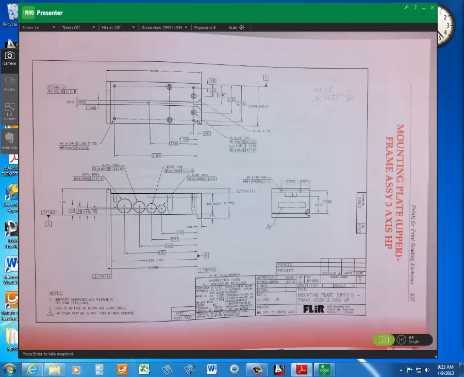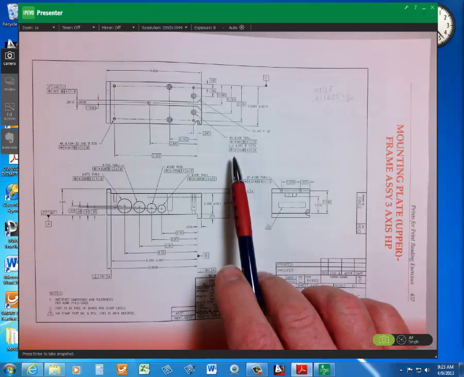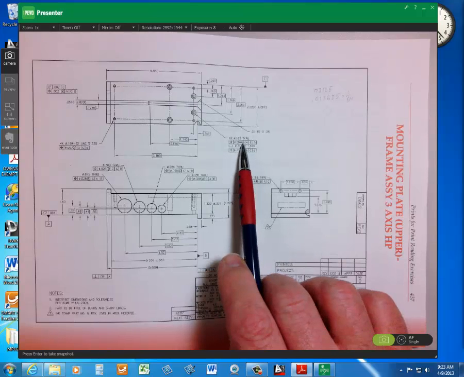It's not a trick question or anything. No math. Positional tolerance at MMC, okay, 7/1000 circle M.